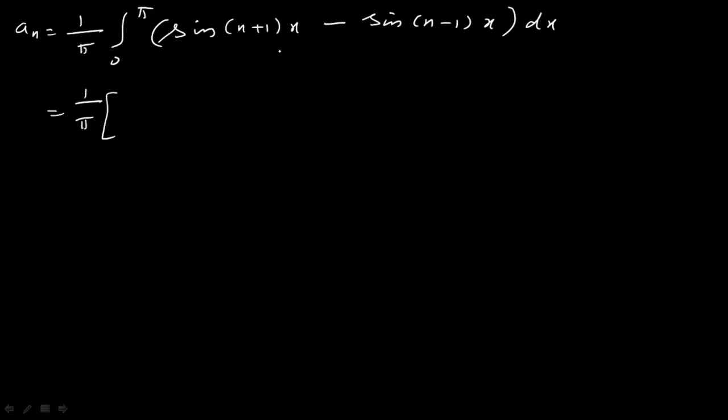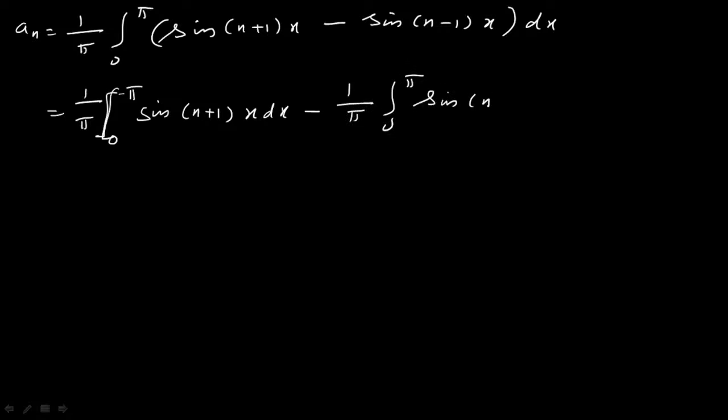So sin (n plus 1)x, suppose you are confused to integrate this continuously, so you have to separate. I have tried it one more step. Integral 0 to pi sin of (n plus 1)x dx as one integral, minus 1 by pi integral 0 to pi sin of (n minus 1)x dx as the second integral.